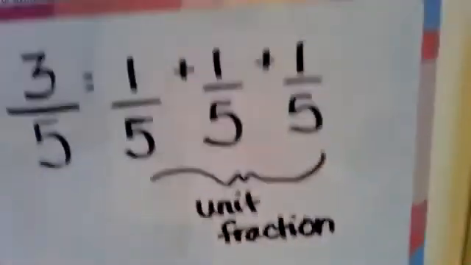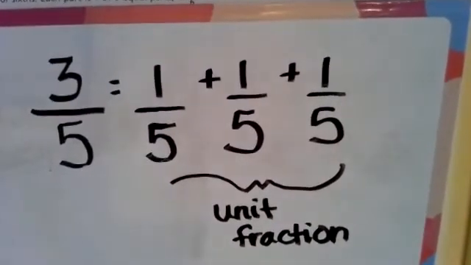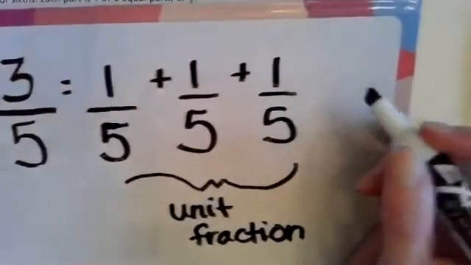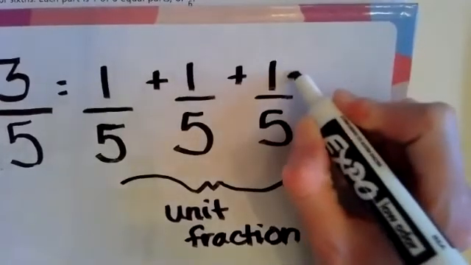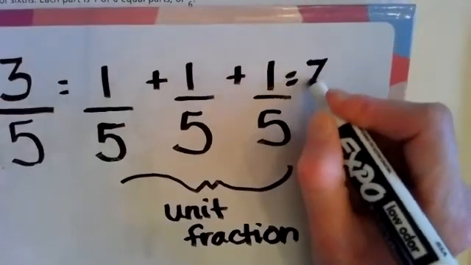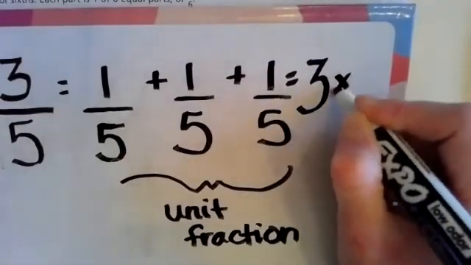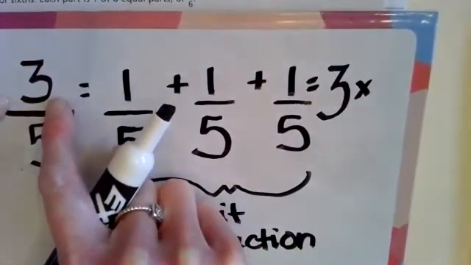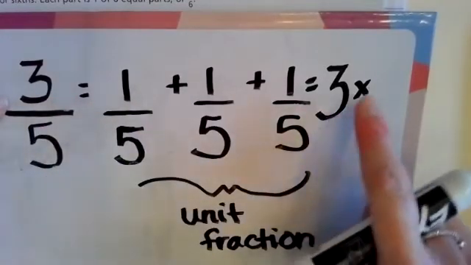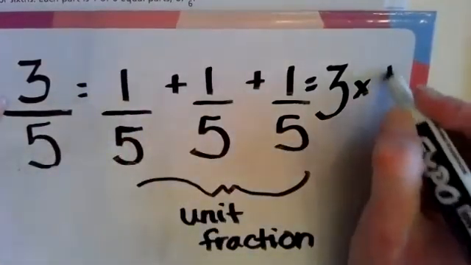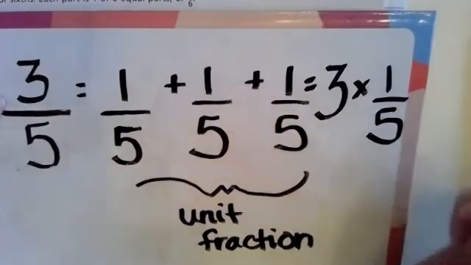Going back to our original example, if we were to write this as a multiplication equation, we could say we have 3 times, because 3 is my numerator, 3 times what unit fraction? 1/5.